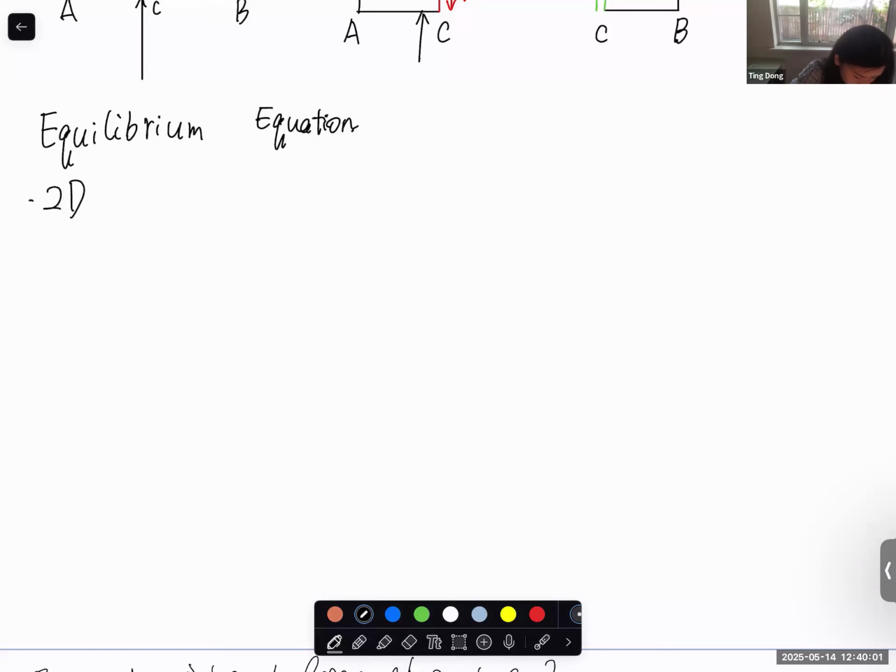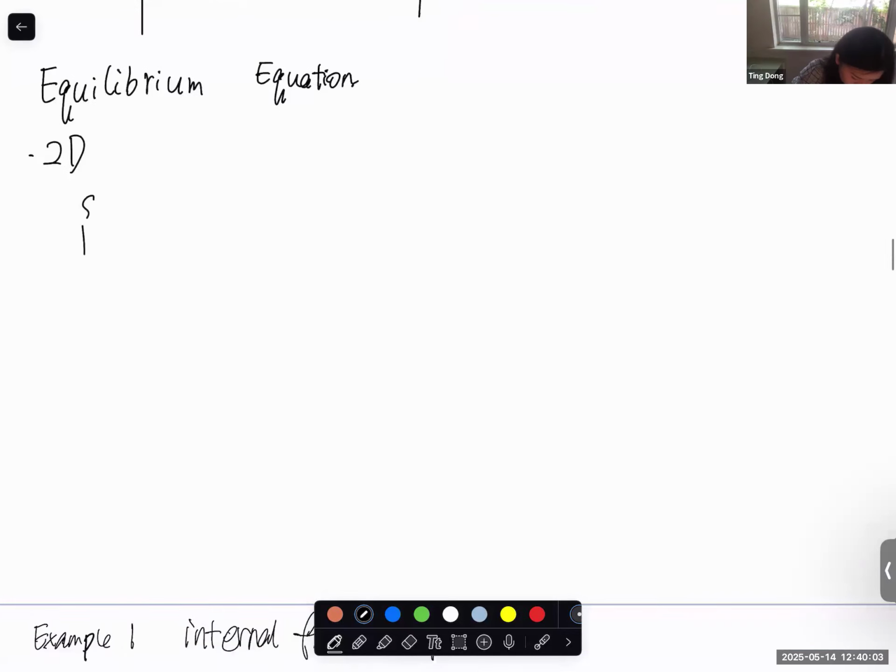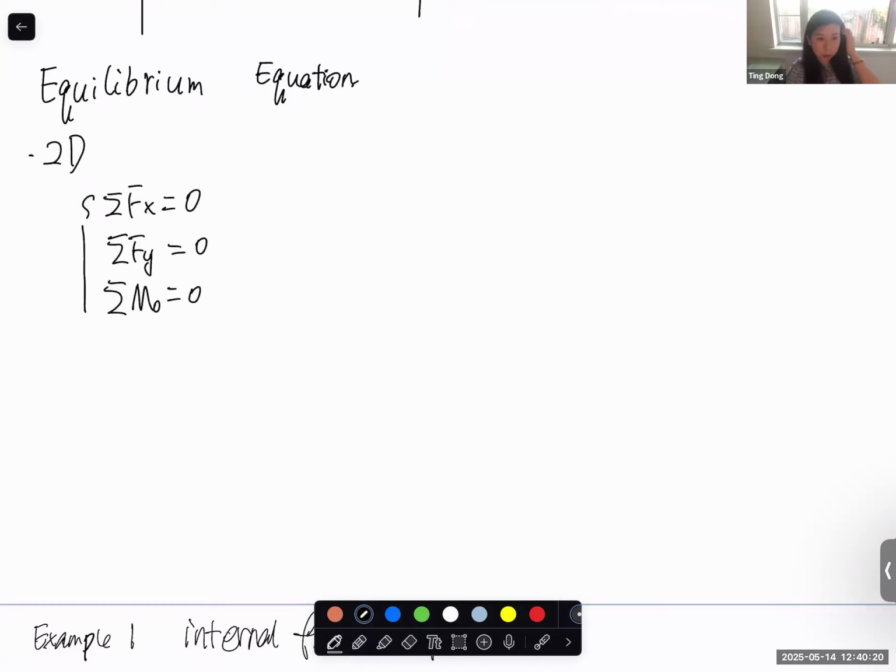So we will mostly focus on the 2D situation. Most of the time we have the sum of force in the x direction equal to 0, the sum of force in the y direction equal to 0, and the moment about a certain point equal to 0. So we consider that equilibrium.